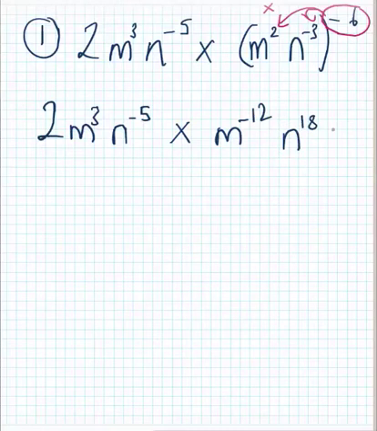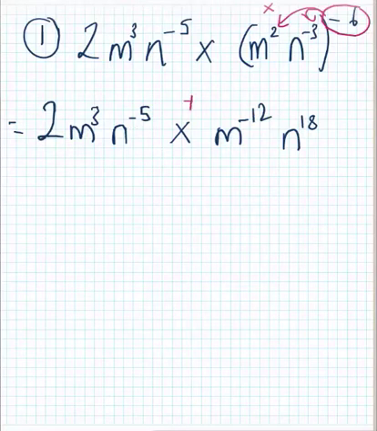And now we know that when we multiply variables of the same base, we can add their powers. And at this stage, there are 2 things you can do. You can just go ahead and add the powers, or if you wanted to make the powers positive first, by using that negative index law, how we make powers positive, you can. For this example, I will be leaving them in this way and just adding the powers.